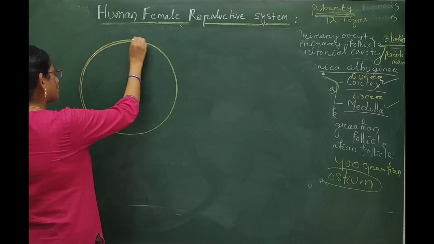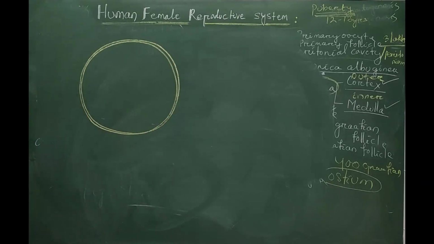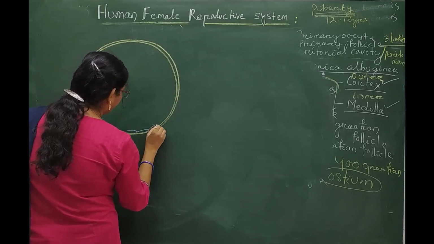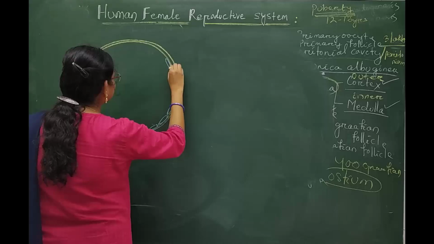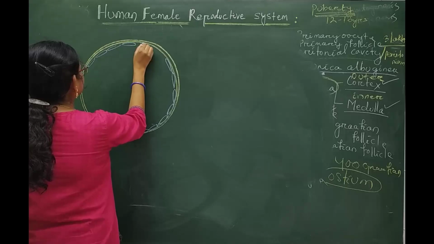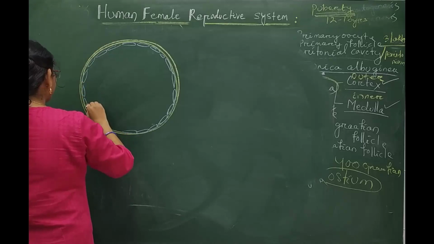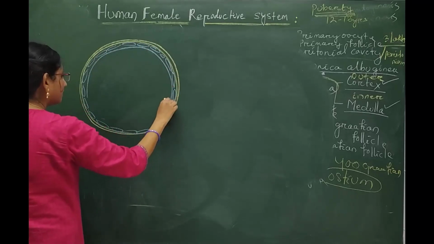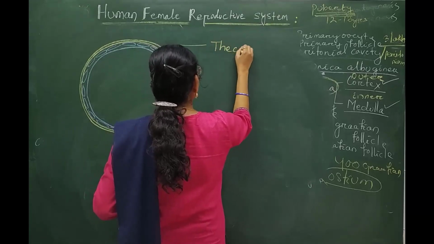It is a rounded structure having the outermost flattened cells over here, which layer is known as theca externa.